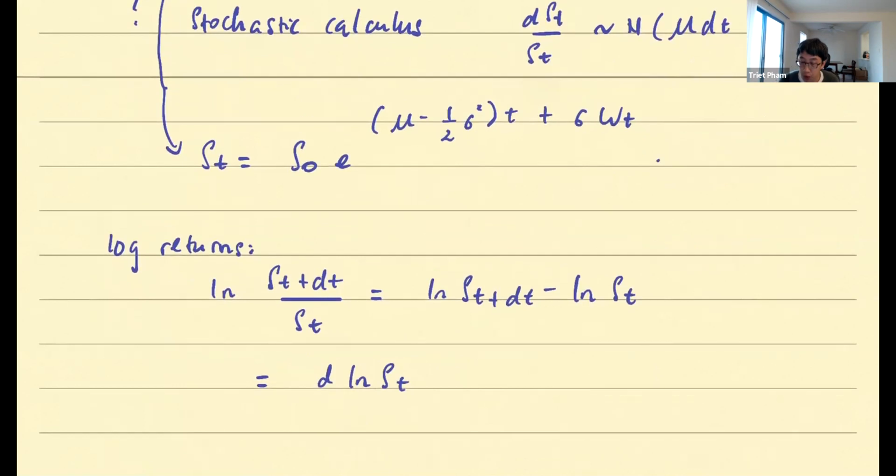In terms of percentage return, it also has an average rate of return and also has a variance. The variance part is this, no problem. But I think from the homework, you might have seen that the average log return is lower than the percentage return, okay?